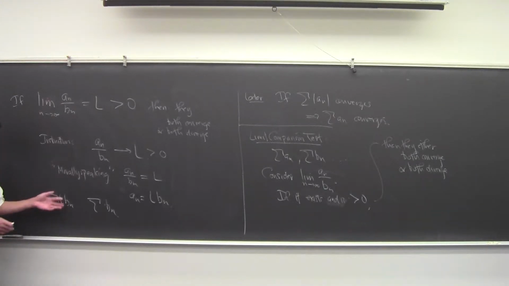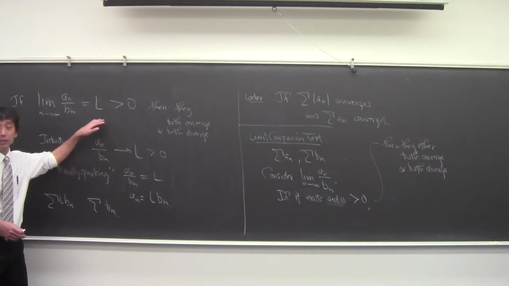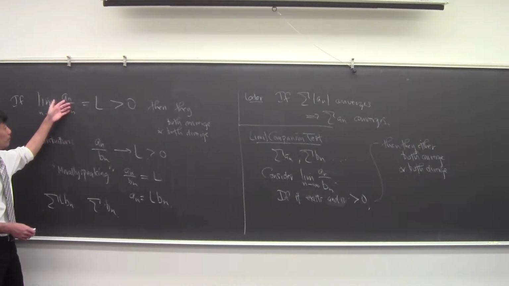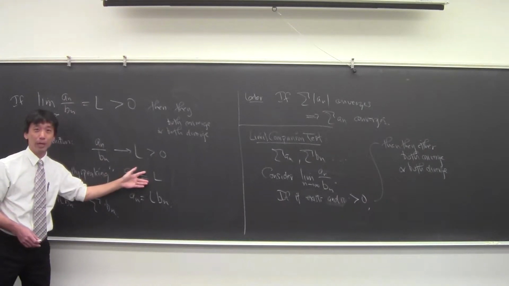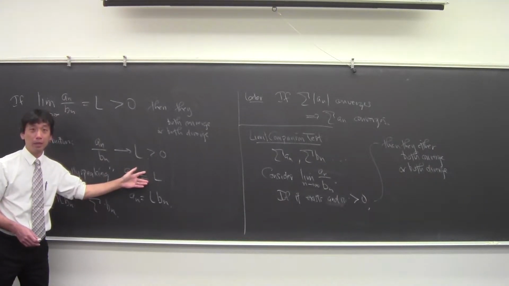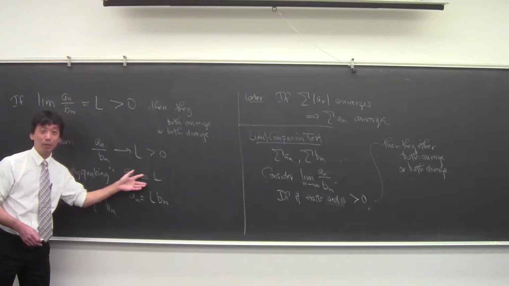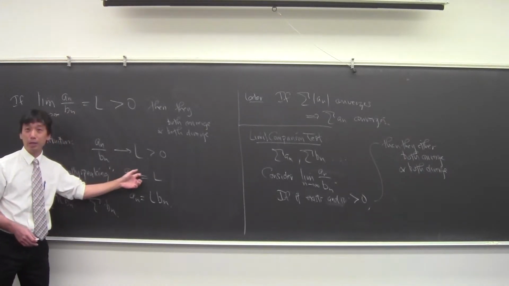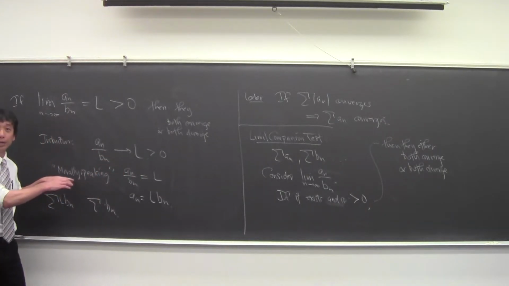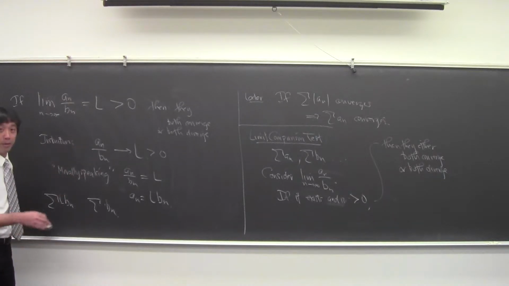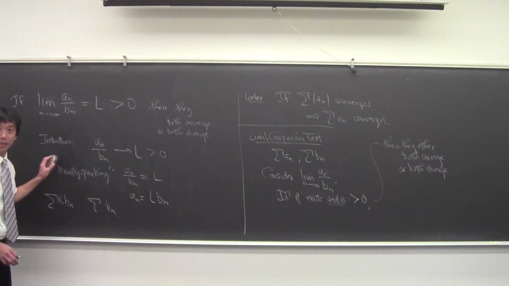This is how you want to think. Basically, morally speaking, this is going to be equal to L. Now, it's not true that this is equal to L, but it's close enough for the limit to be equal to L, close enough to make this phenomenon occur. This is how you think mathematically.